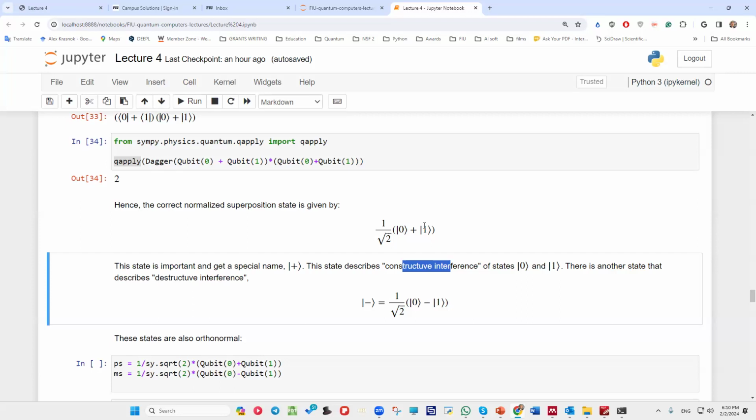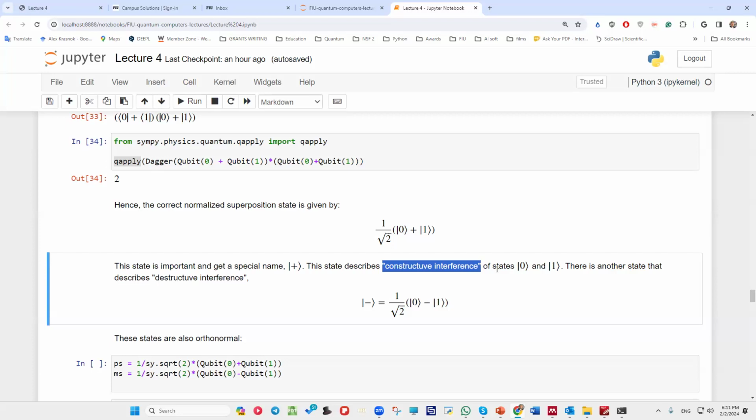I put this in quotes because it's not exactly what happens here, but we can say for now that it works as a constructive interference. Like when we consider two waves, they constructively interfere and amplify each other.